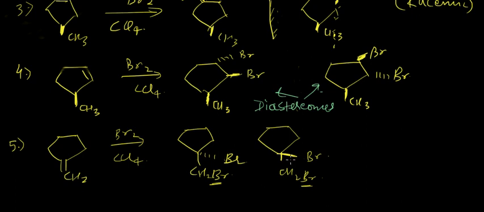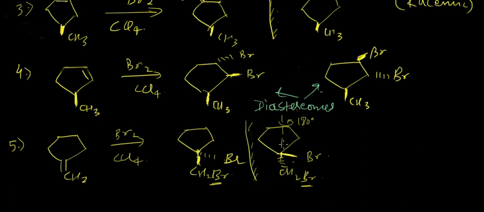If you look at it, this carbon bond I should mark as dash, and this should be wedge. If you just rotate it 180 degrees in the plane, you will find that these two are mirror images of each other, yet not superimposable.